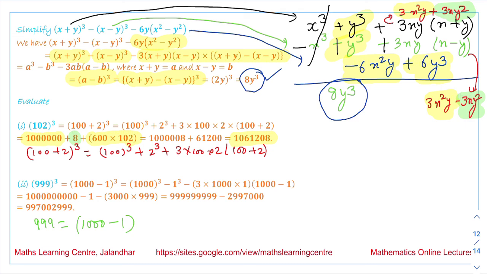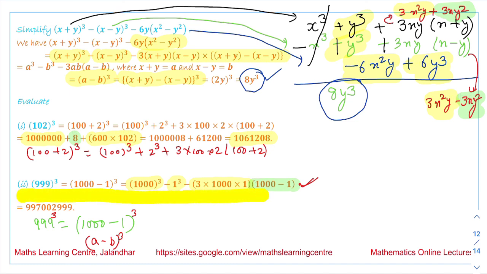We have to find the cube, so we use the formula for a minus b whole cube, and we get the terms in this form: a cube minus b cube minus 3ab into a minus b. Then you will find the values of these terms and you will get the answer in this form. You can try to make these calculations and check whether you are getting this answer or not.